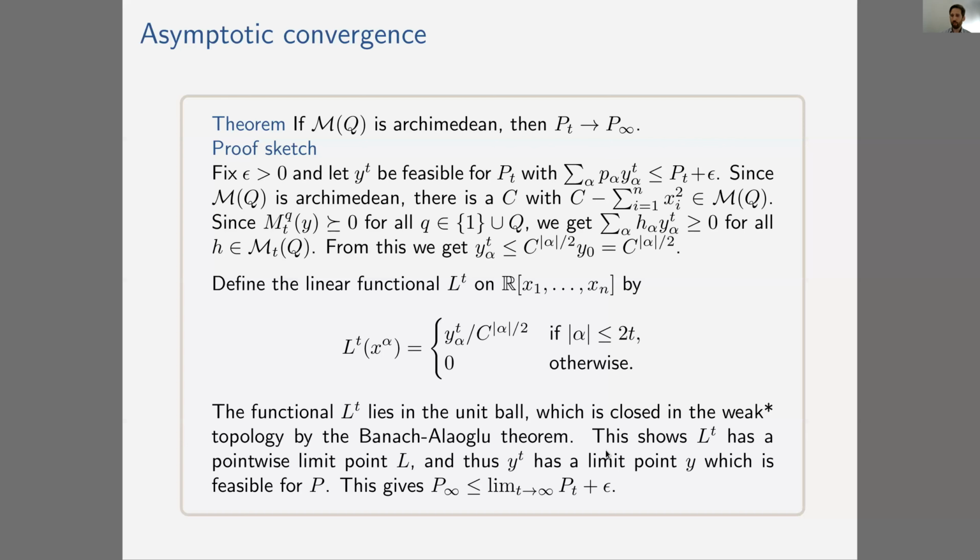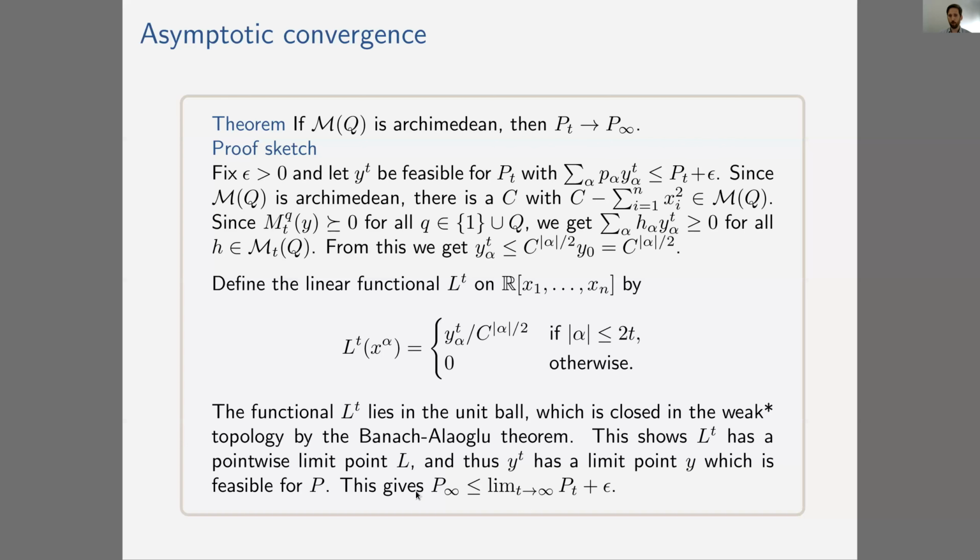So this shows us that this sequence L_t has a limit point, so we can go to a subsequence. And thus, if we scale back, and of course using that what we scale by doesn't depend on t, this y_t must also have a limit point, and you can show that this must be feasible for p.